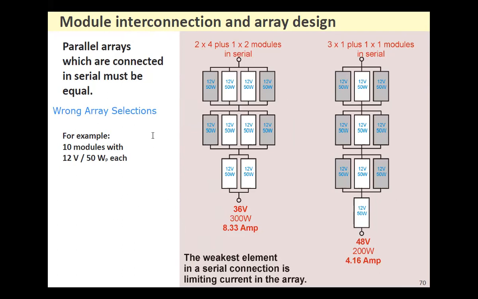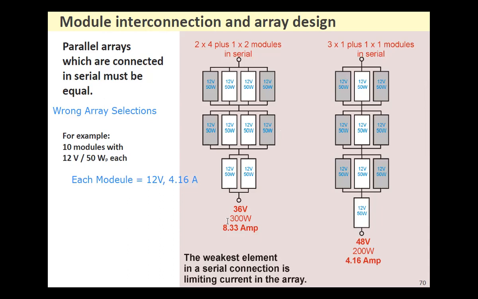Now look, each module is of 12 volts and 4.16 amperes. Now what you have done, you have connected them in the way that 4 in parallel, 4 in parallel, and 2 in parallel, and then they are in series.